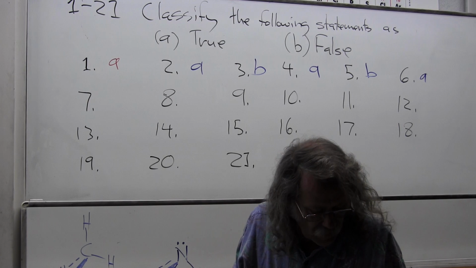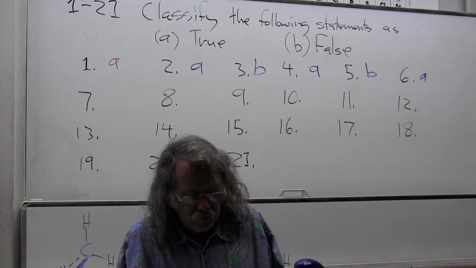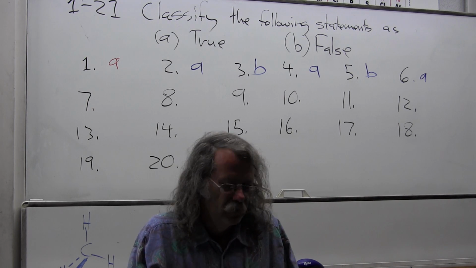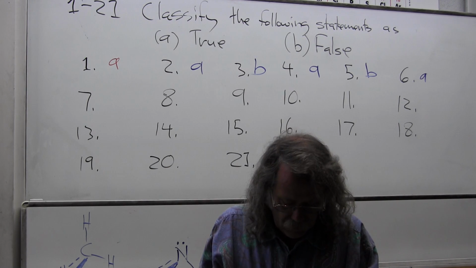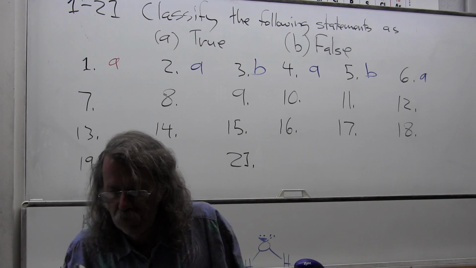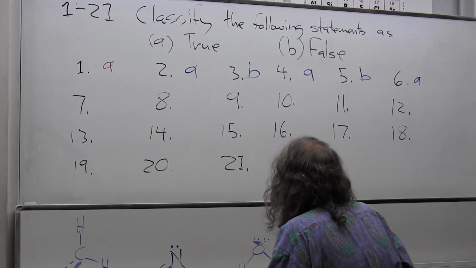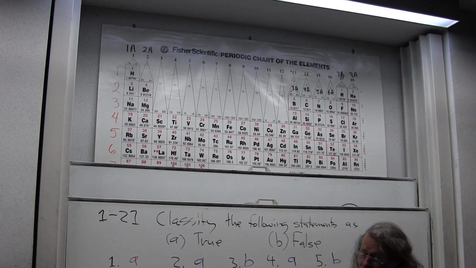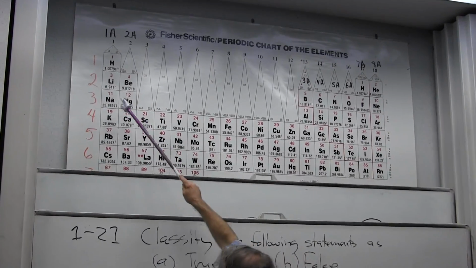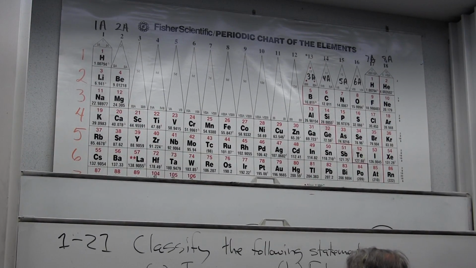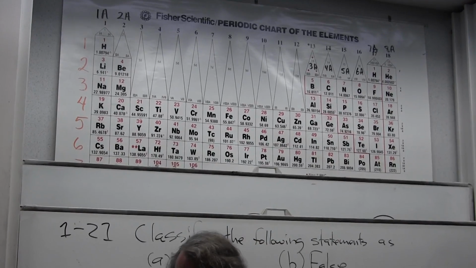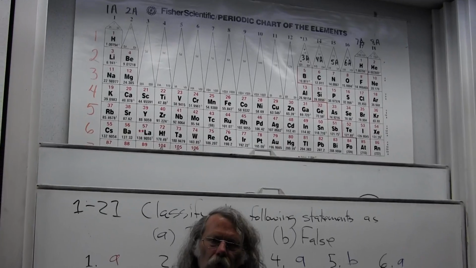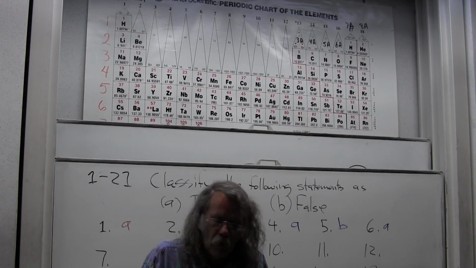true. Okay, number 7. Electronegativity increases with decreasing atomic size? Yes, indeed, it does. In fact, that is the reason that we ascribe to the observed Pauling electronegativity scale. As I proceed across a row, I'm placing valence electrons above a filled subshell that's the same all the way across the row.